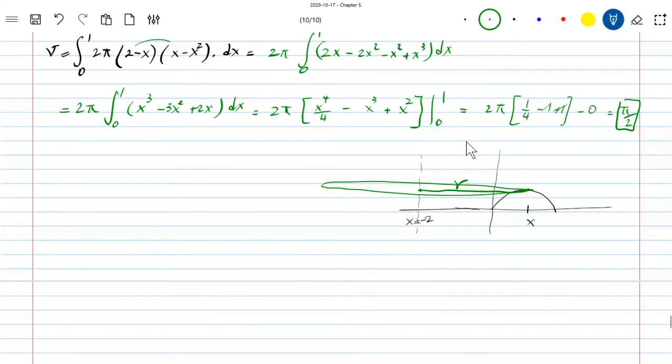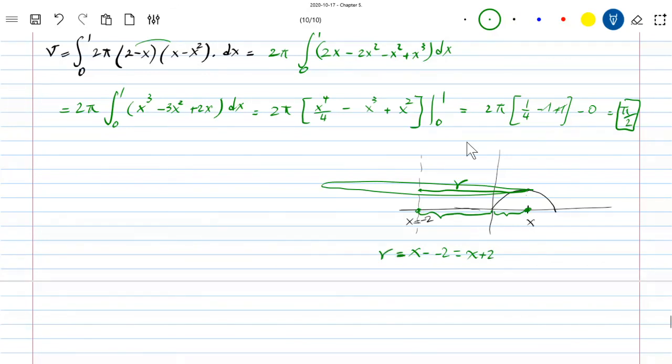So the radius is this length plus x, that is, 2 plus x. Or you can always say the right endpoint minus the left endpoint, which is x minus -2. It's the same as x plus 2.